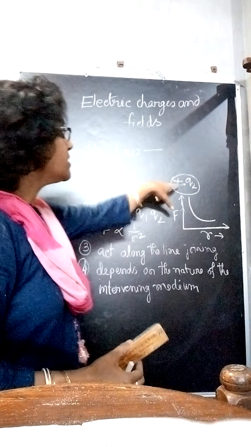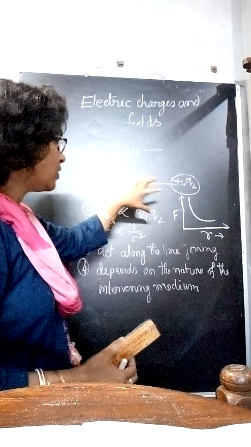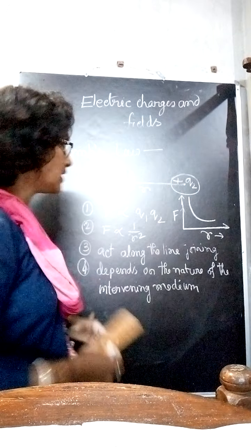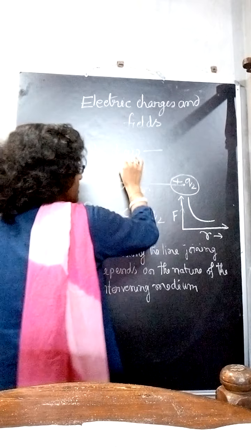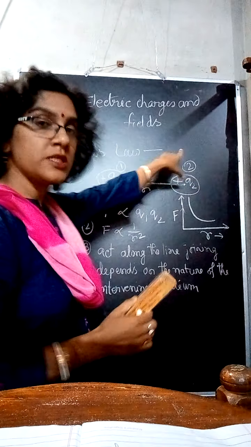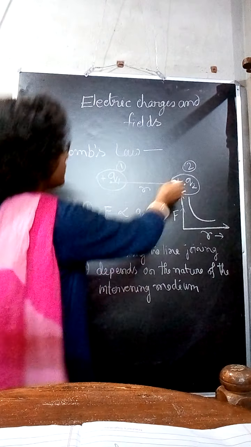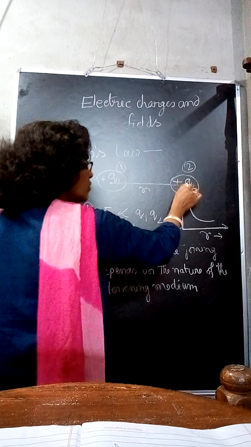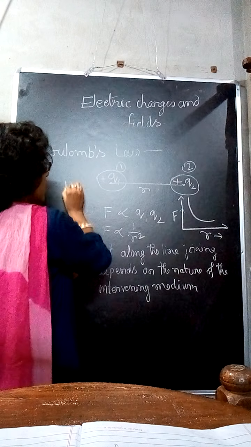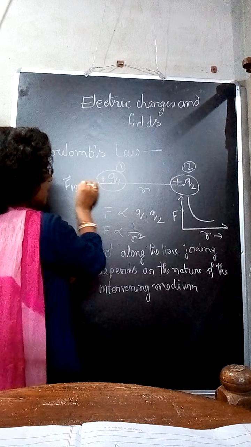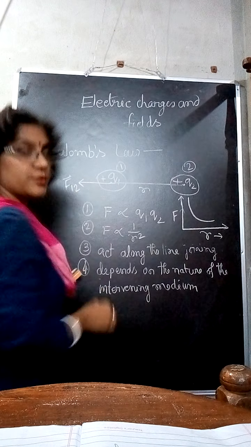As the two point charges are positive, like charges are there, so they will repel each other. Suppose Q1 is the 1 number charged body, point charge body, and plus Q2 is the 2 number charged body. The force on charged body 1 due to charged body 2 is F12, and its direction will be along that side.